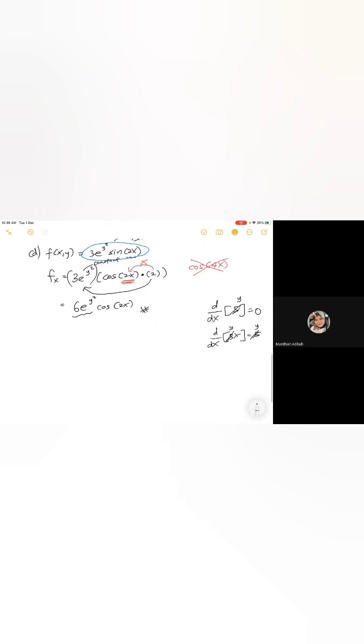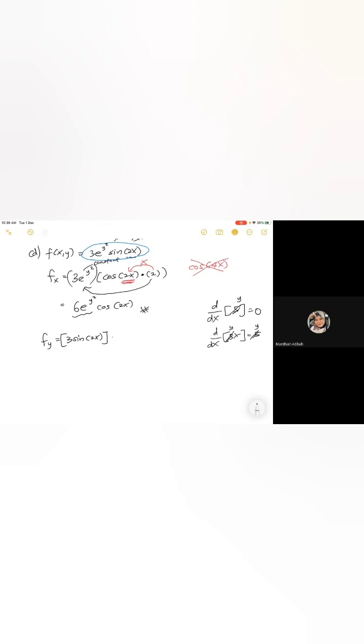So when you want to differentiate, the other one will still be there. Let's say we differentiate with respect to y. The whole thing regarded with x will be constant, so we write it first since it is attached. So 3 sine 2x is constant, that will still be there.